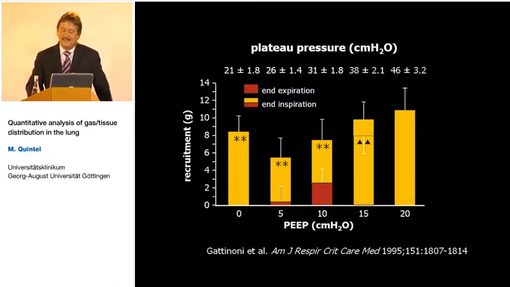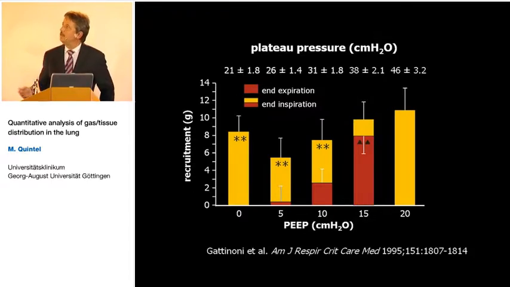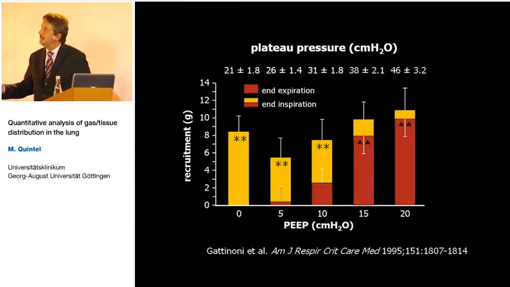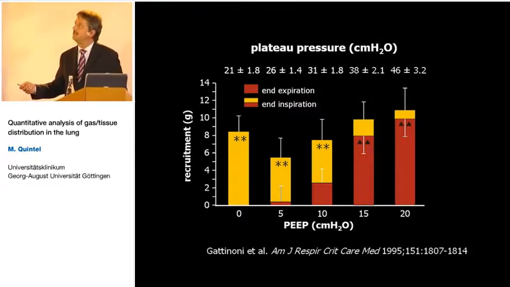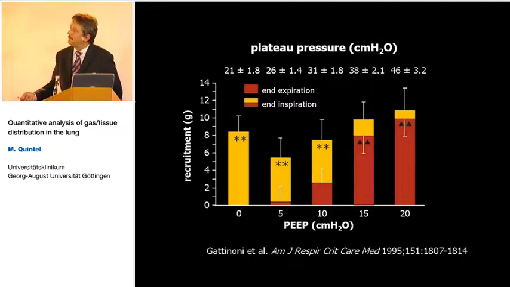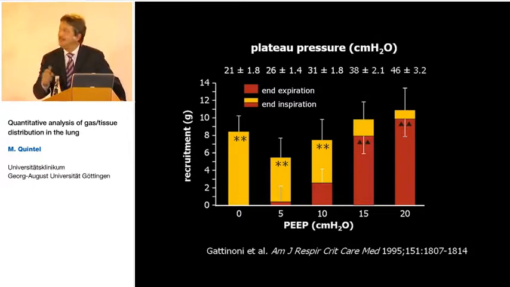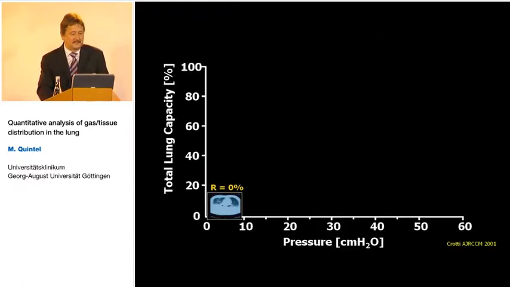And you can see there is a large difference. If you use a plateau pressure of 46, you nearly need a PEEP level of 20 to get alveolar closing and cycling nearly abandoned. So that's something which has been shown and proven using CT scan analysis.